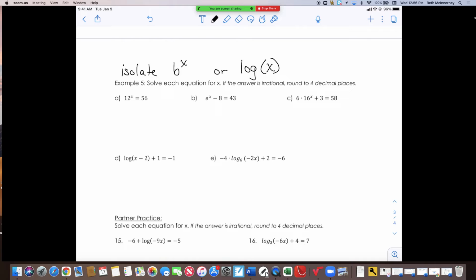When you are solving equations, and notice these are exponential in the top row and logarithmic in the bottom row, you have to isolate your b to the x or log x. That's your first step. And then the second step is rewrite in either log or exponential form. So if you're in exponential, you'll write it in log form. If it's log form, you'll write it in exponential form. And this will help you to solve.